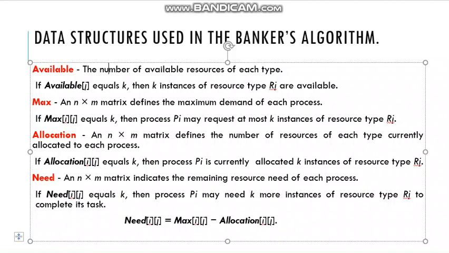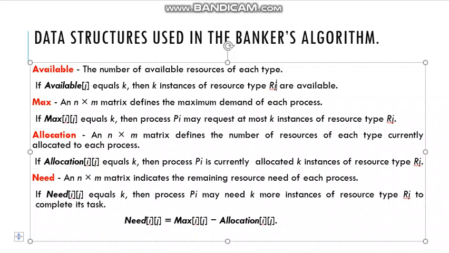If Available[j] equals k, say 3, it means there are 3 instances of resource type Rj available. So k instances of each type are available. For example, 5 printers are available, 3 keyboards, maybe 2 scanners.